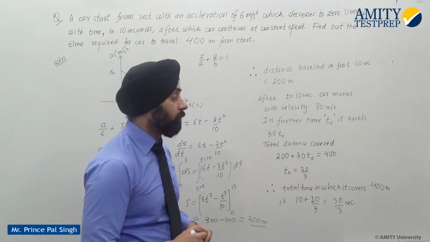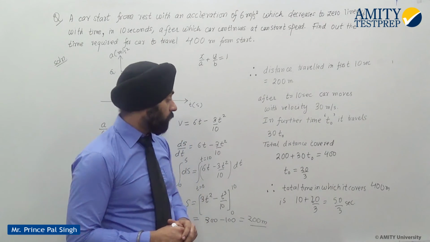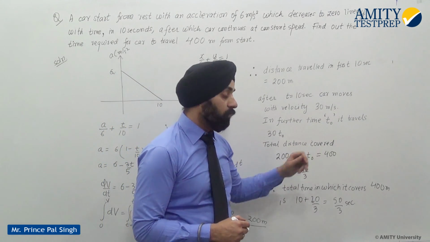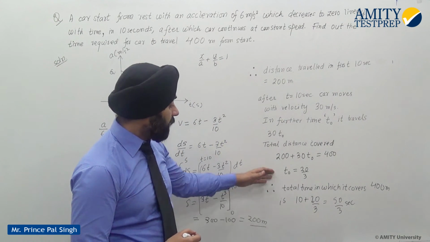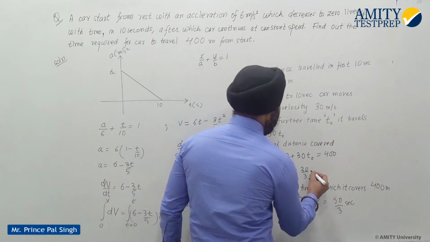According to the question, the total distance travelled is 400 meters from the start. So 200 plus 30 t naught equals 400. From here we solve that t naught is equal to 20 by 3 seconds.